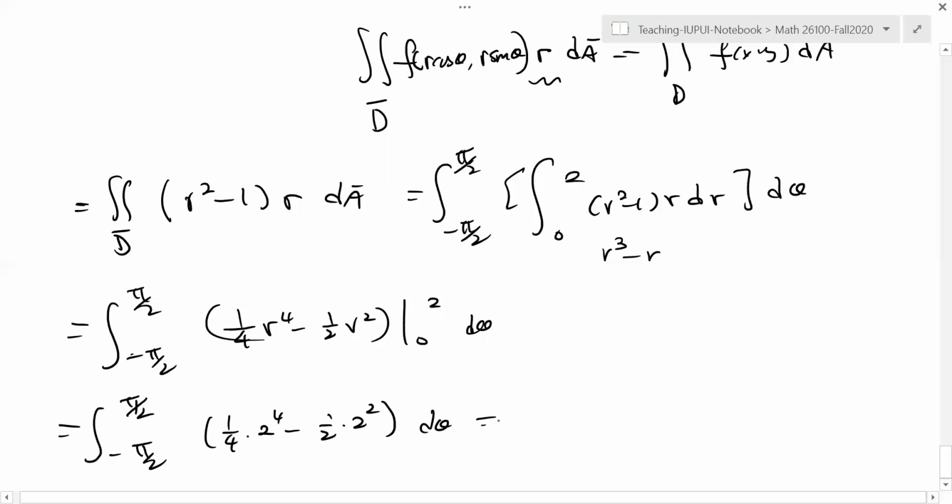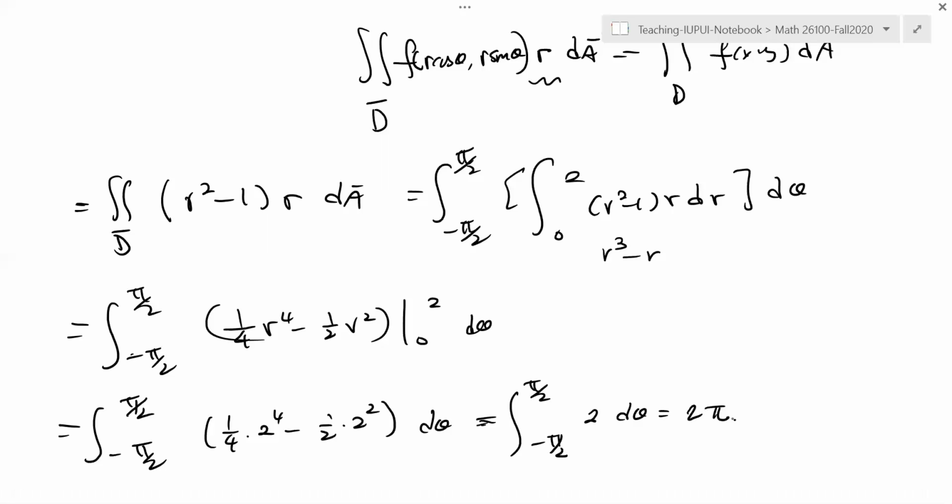Let's look at what's inside. 16 divided by 4 is 4, 4 minus 2 is 2. Then d theta, and that's just 2 pi. So 2 pi is the answer.